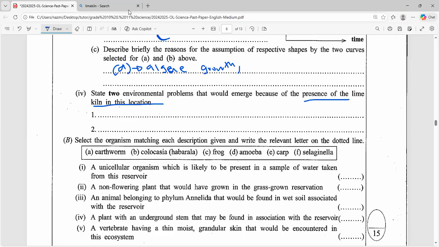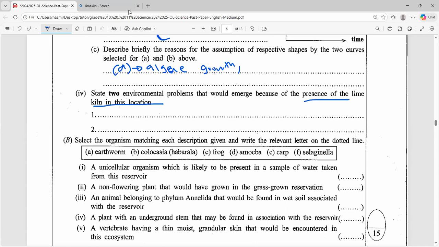One is health risk, because it can mix with drinking water and affect it. What else? But they're asking two environmental problems, no? So that is the contamination of the water.